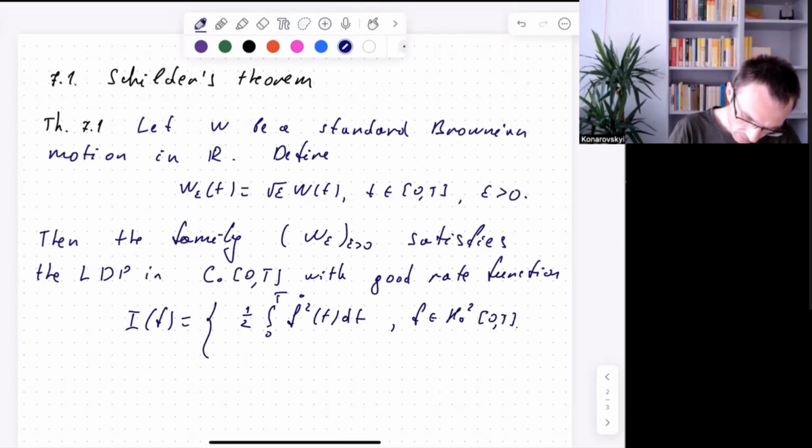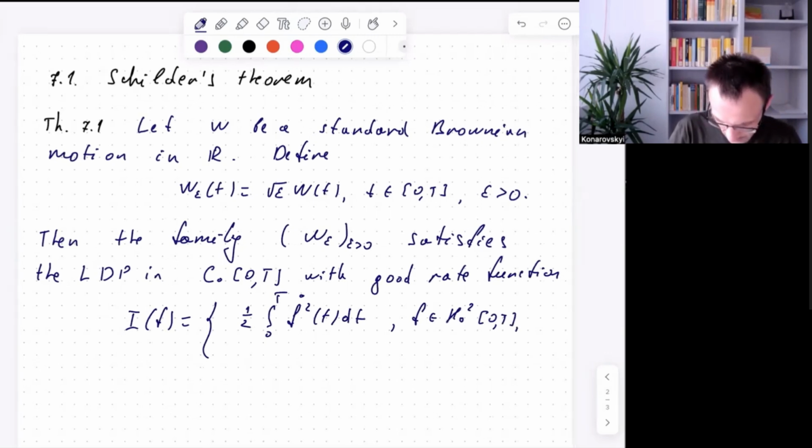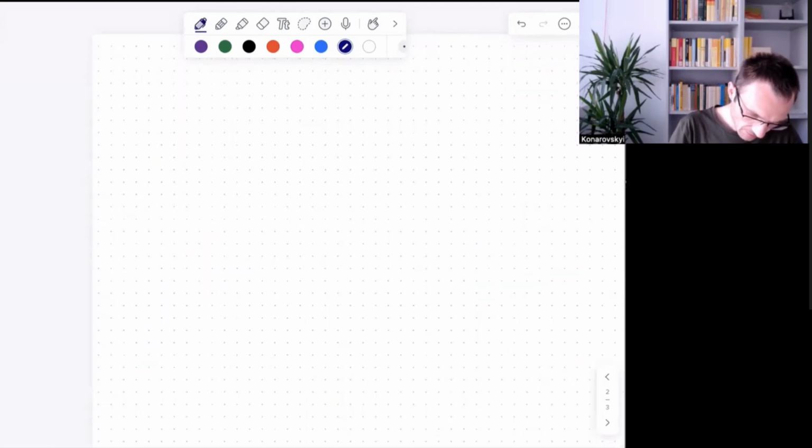I will not recall what it is. We already considered this space a few times, and plus infinity otherwise.